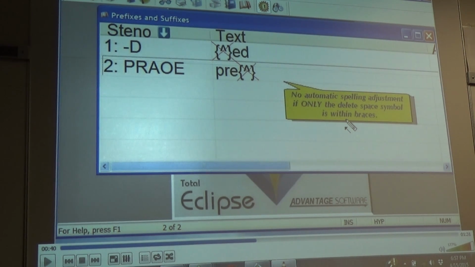It's not gonna know probably to change it. So you need it in the brackets, and then it knows to change the spelling. Does that make sense to you guys? Yes? No? Yes? Okay.